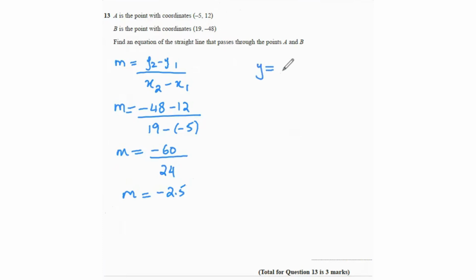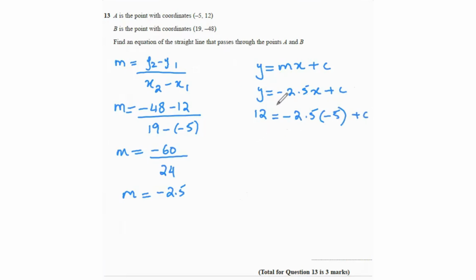In this one, I'm going to show you how to use the slope-intercept form to find the y-intercept and then create an equation. So we have y equals -2.5x plus c. You can substitute either point A or B in the equation in place of y and x to find c. If I use point A, y is 12 and x is -5 and plus c comes as it is.